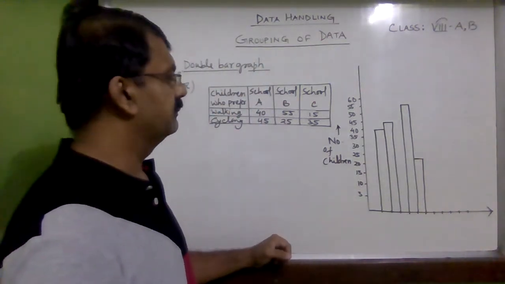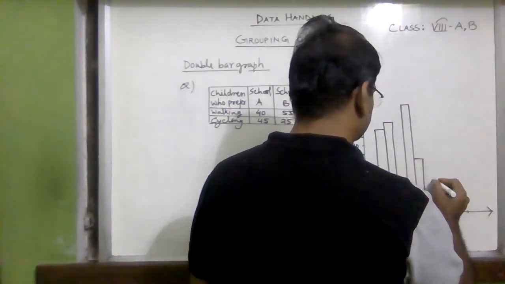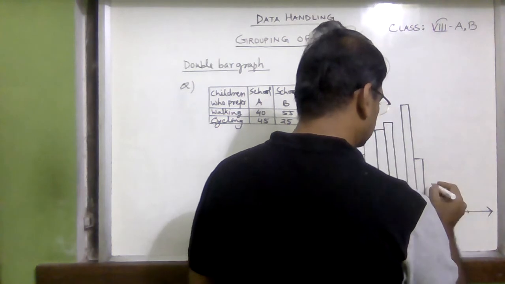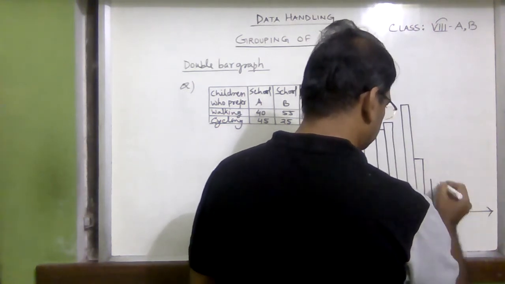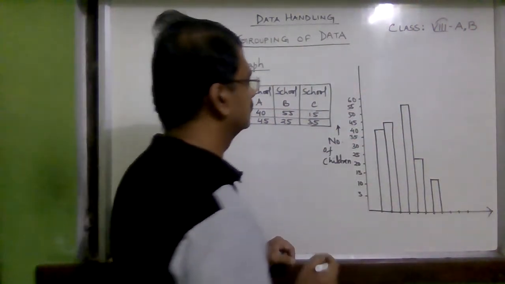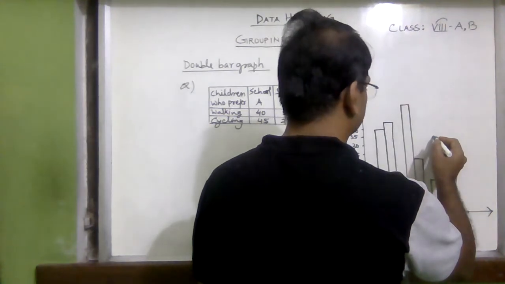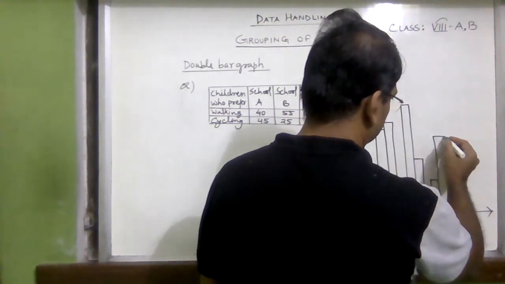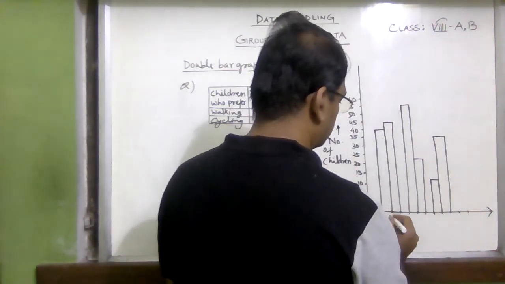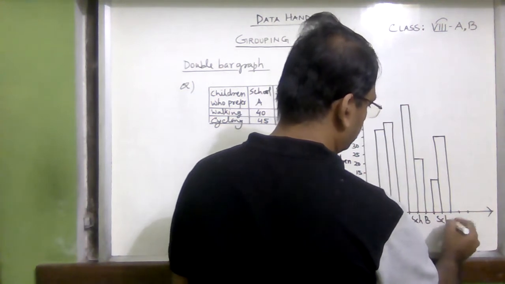And in School C, 15 students prefer walking, and 35 students prefer cycling. School A, School B, School C.